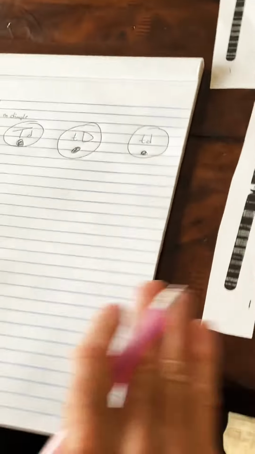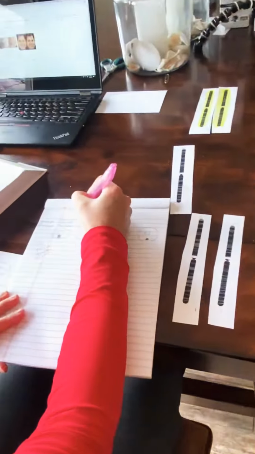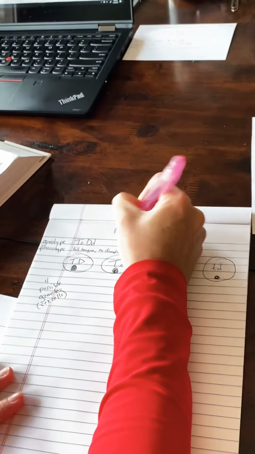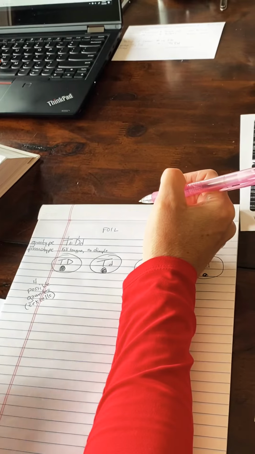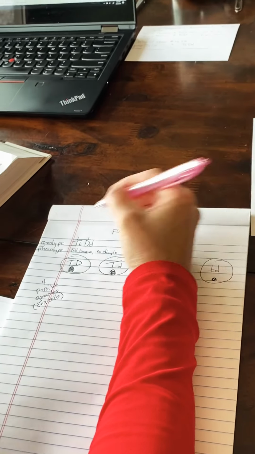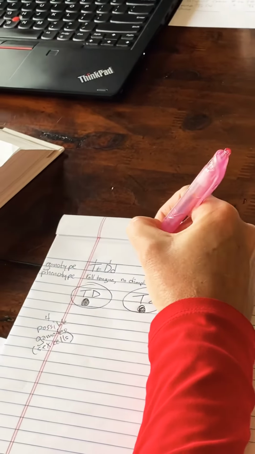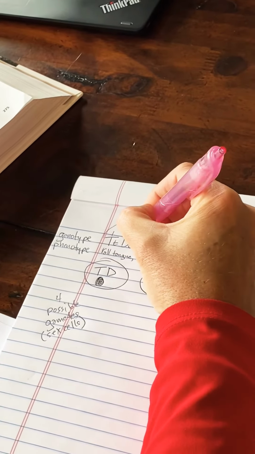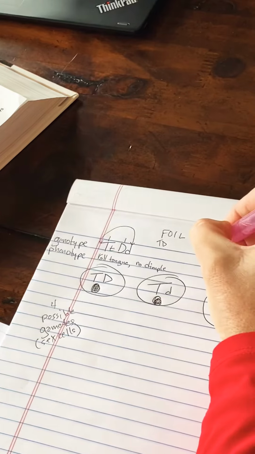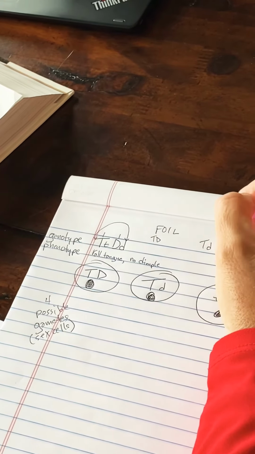Now we'll throw a little math at this too. We've got the visual showing how that works, but if you put the word FOIL with it, you might have learned this in math. The first two of the different genes: the first big T, the first big D. Outsides: big T, little d.